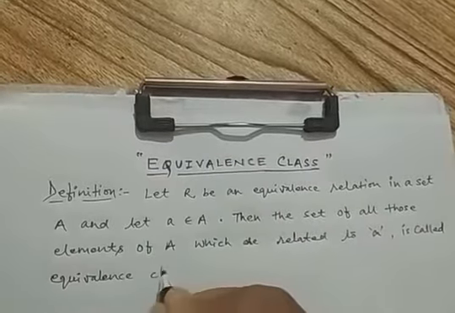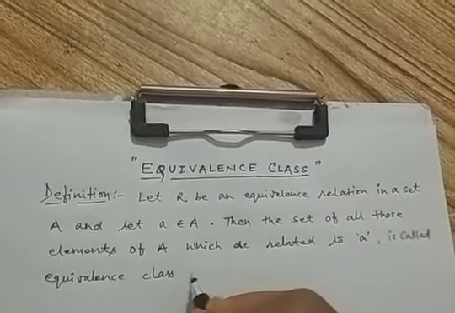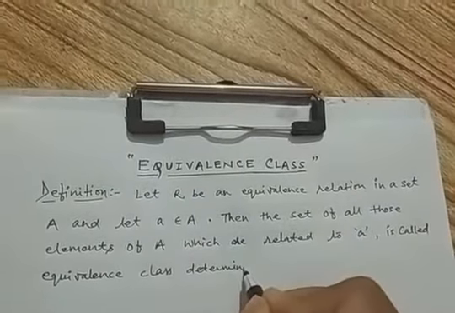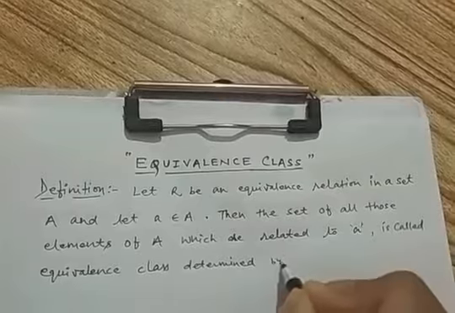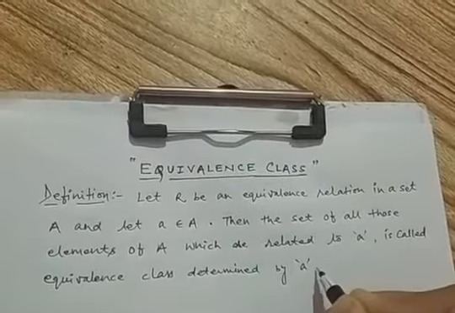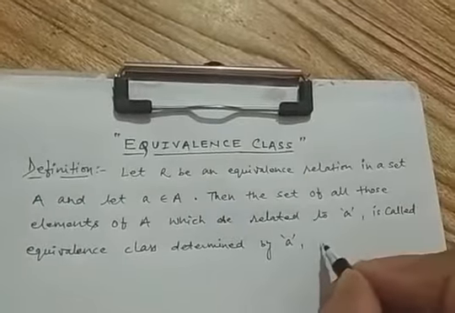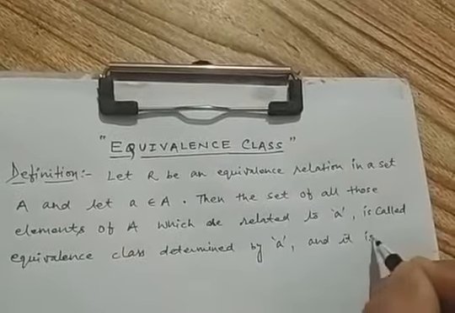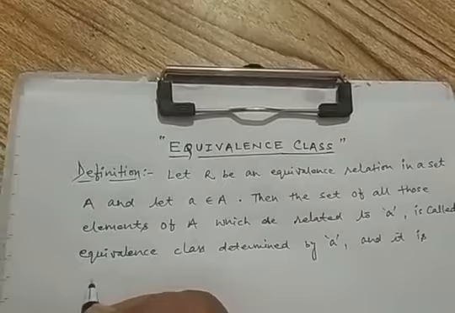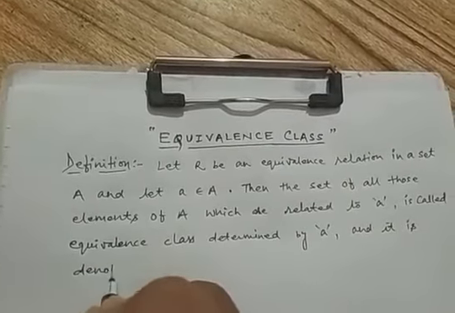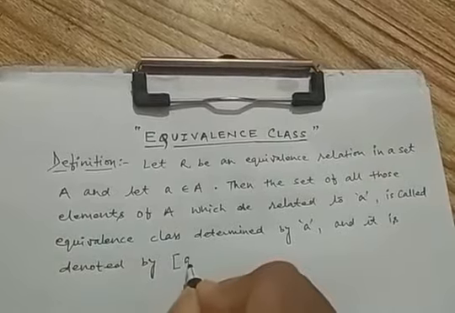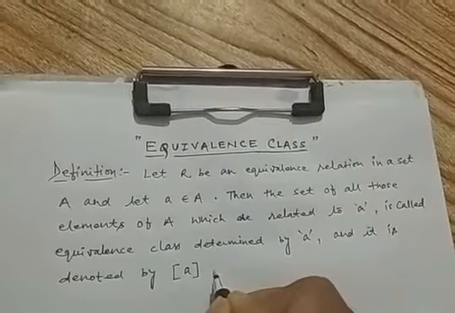It is called the equivalence class determined by a, and it is denoted by square bracket a.